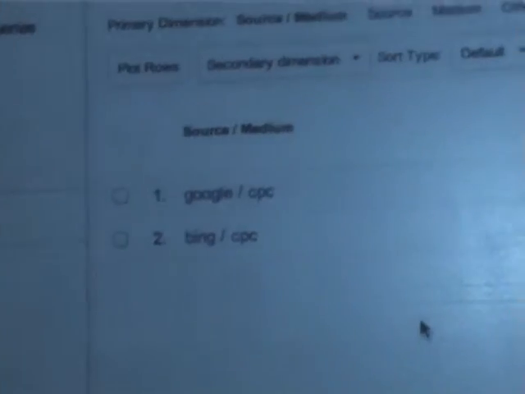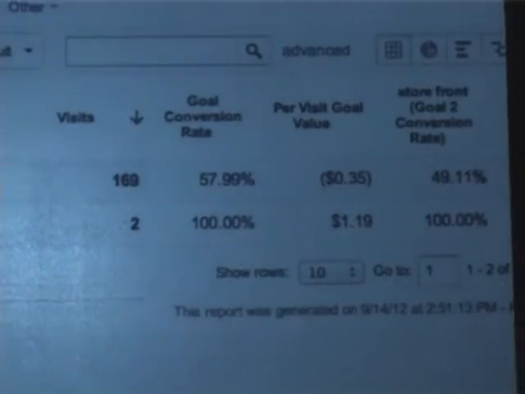So if I have to see the goal completion rate, I am able to see it for that specific source and medium.